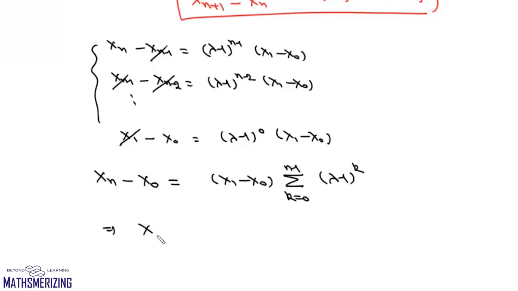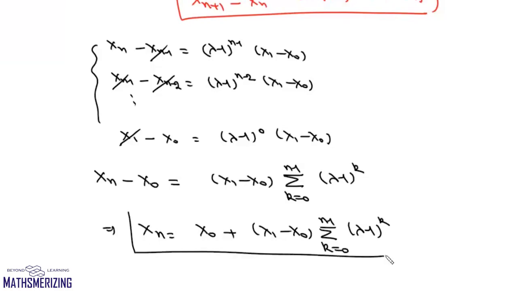So from here we can write x_n will be x_0 plus (x_1 minus x_0) times the summation k varies from 0 to n minus 1 of (lambda minus 1) to the power k. And this is what we needed to prove in the first part.